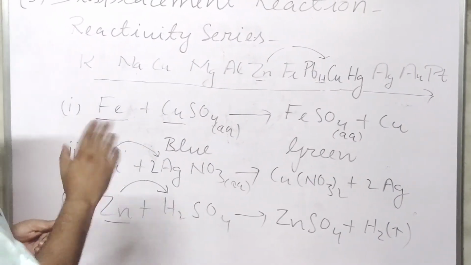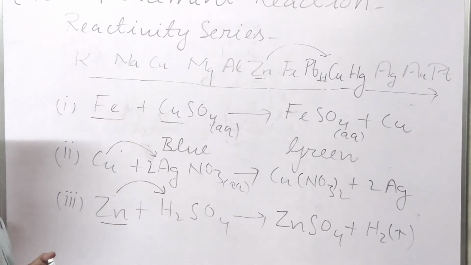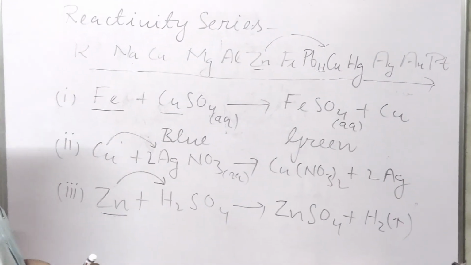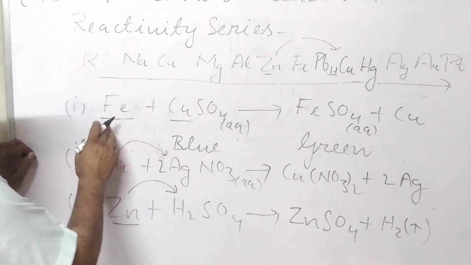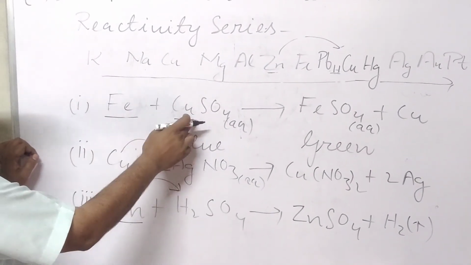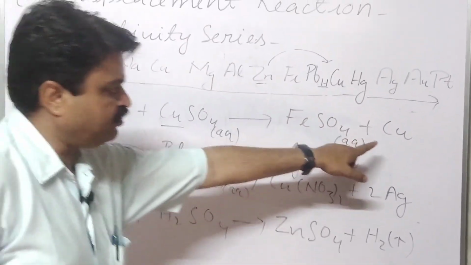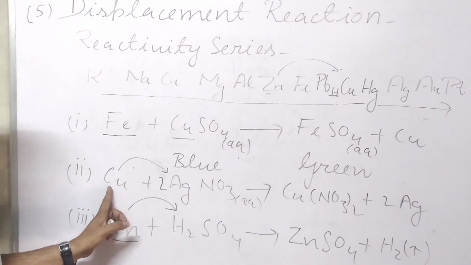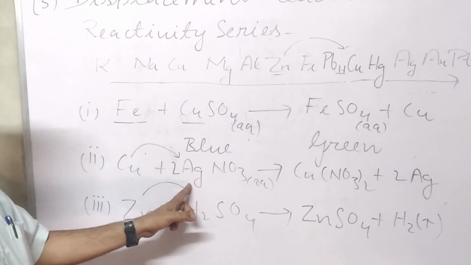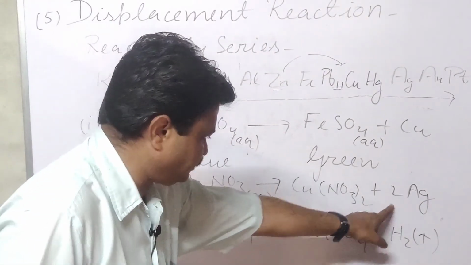Now if we discuss the other chemical reactions related to displacement, like if we react iron with copper sulfate, then we form iron sulfate, and the copper will be displaced. Like this, when copper is reacted with silver nitrate, copper nitrate is formed, and the silver will be displaced.